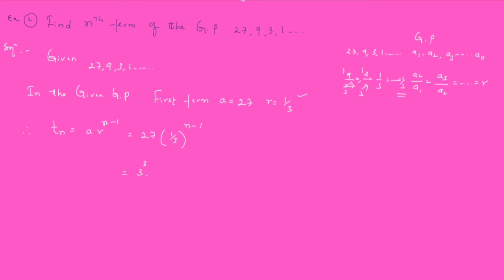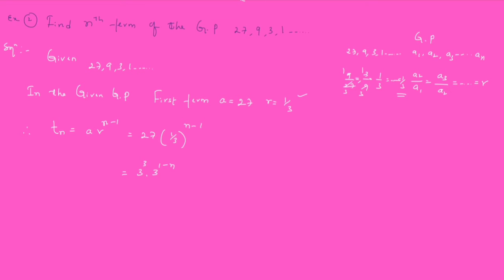If we take the reciprocal, then what can we write here? 1 by 3, written in reciprocal form, becomes 3 inverse, that is 3 to the power of minus 1.